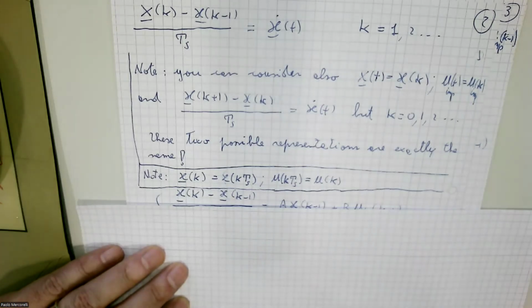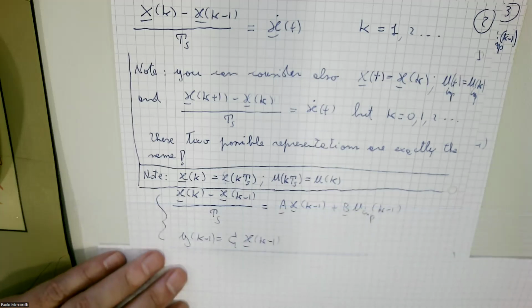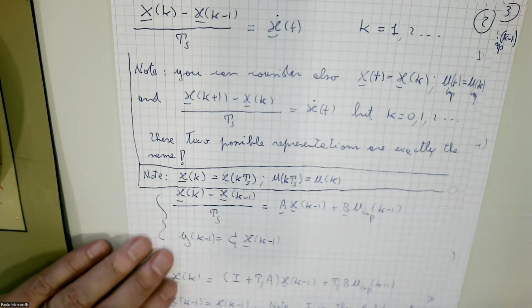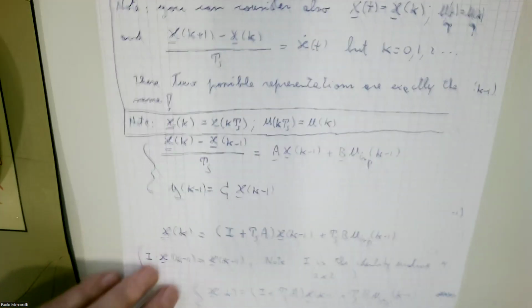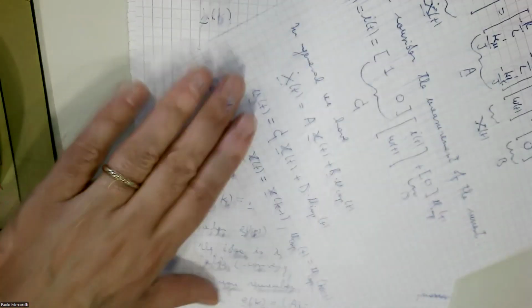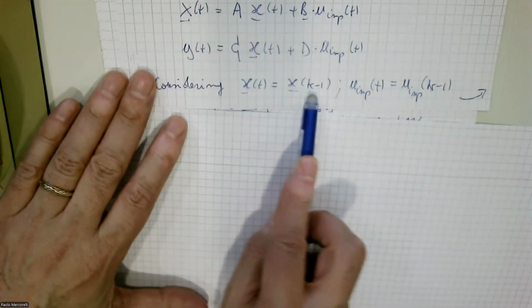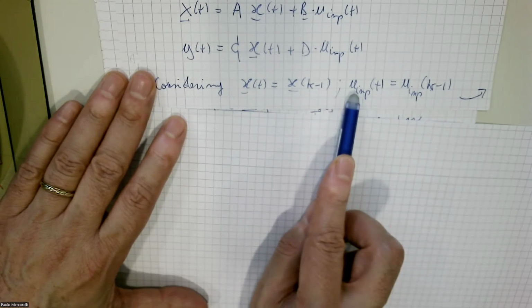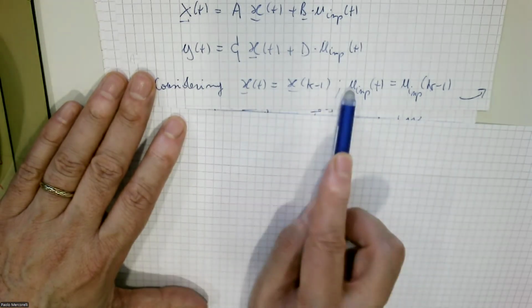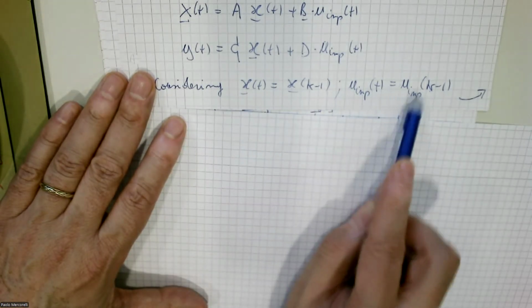Again, forward Euler, we have seen many times, also last time. Let me see. Yes, it's the forward Euler: x of t equals x of k minus 1, and u input of t equals u input of k minus 1.